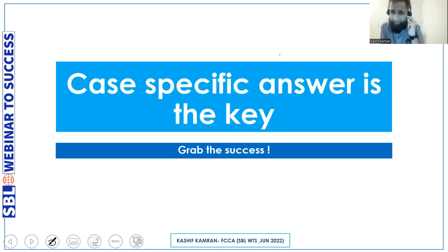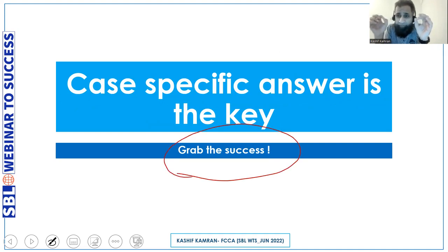A few of the last steps. Case specific answer is the key. If you want to grab success, if you want to get more than 50 marks in SBL, the success lies in the case specific answer.